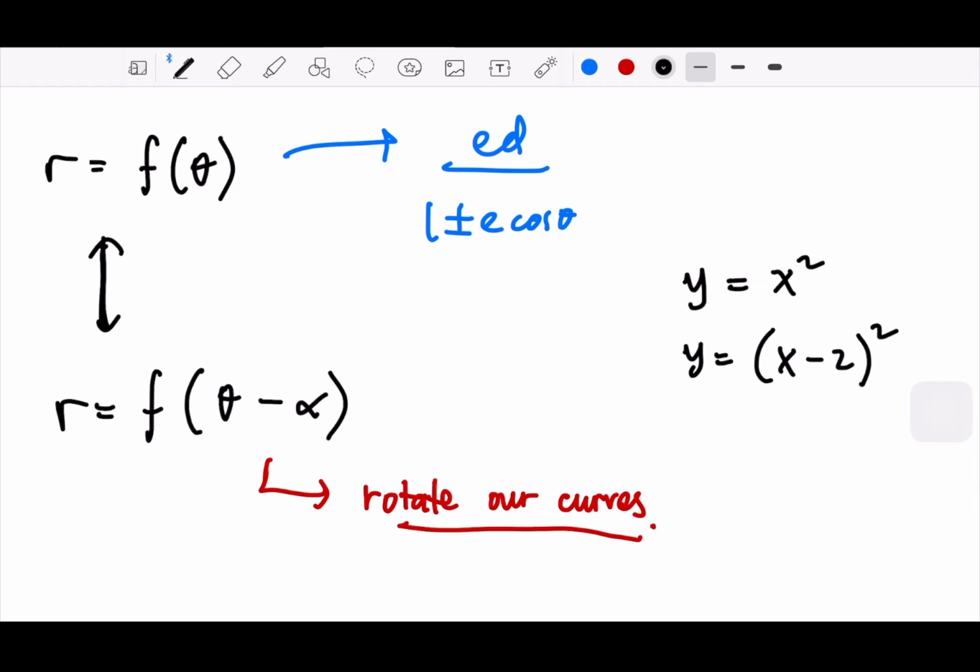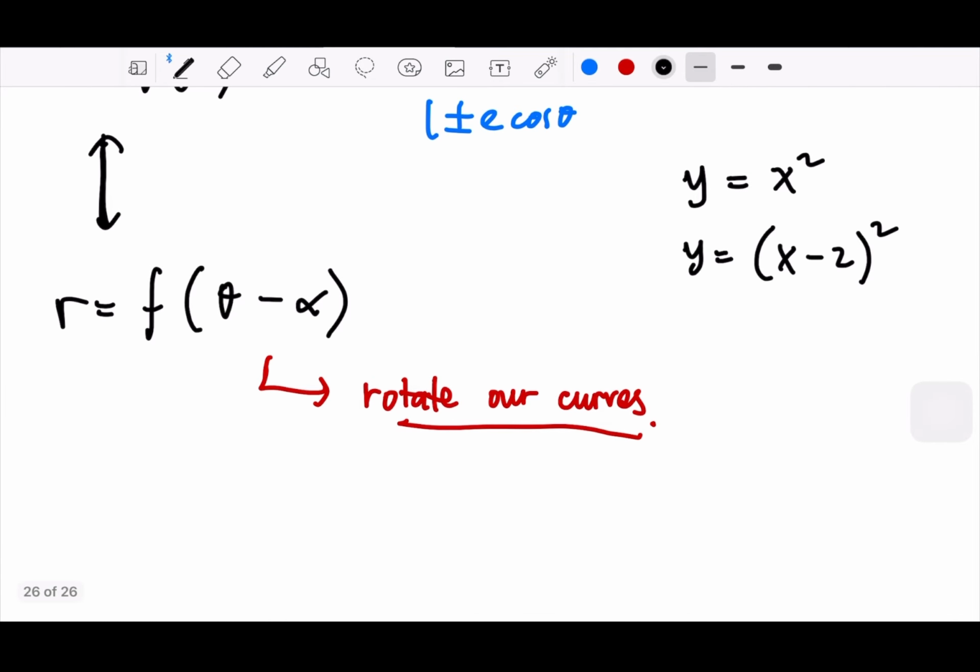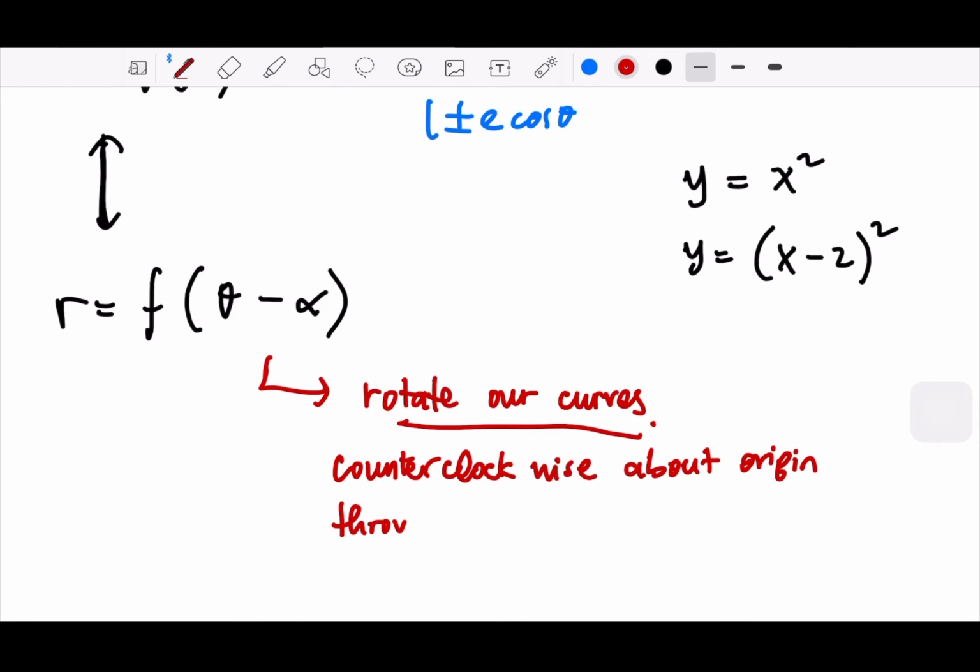So it means that we will rotate our curves counterclockwise about the origin through angle alpha.